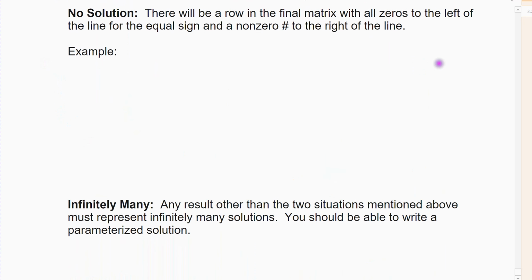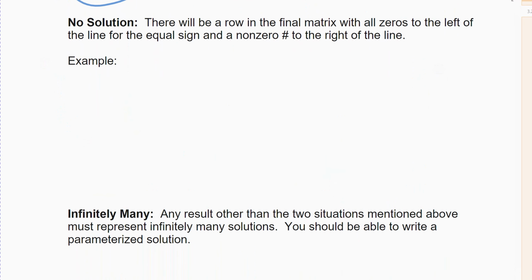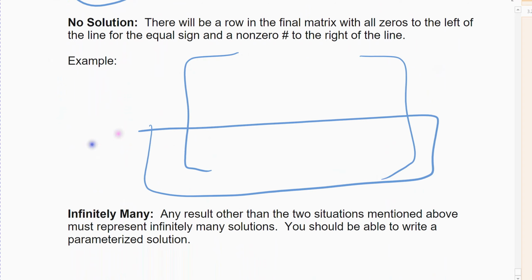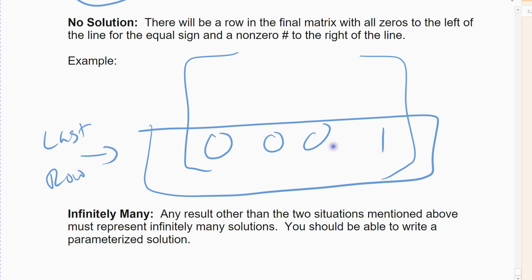The no solution case on the calculator always results in the same thing. It doesn't matter what I have above. It's always the last row. It doesn't matter how many zeros there are, but it's always everything but the last number zeroes out. I could have 4 if I wanted to. Everything over here zeroes out, but the last one is a 1. So it's 0, 0, 0, 0, 0, and then 1. 2 zeros and a 1. 3 zeros and a 1.